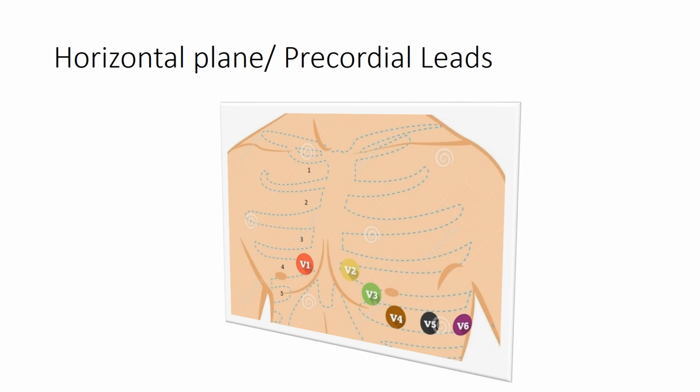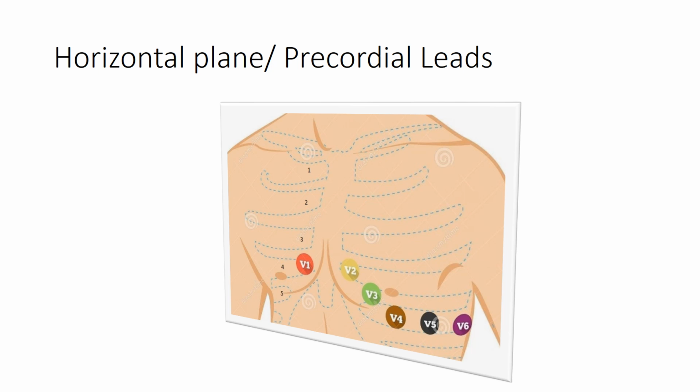And when we want to see the posterior wall electrical activity, then 3 additional leads are applied in addition to the usual 6 chest leads, and these are V7, V8 and V9. So here we will only discuss the normally placed 6 chest leads.